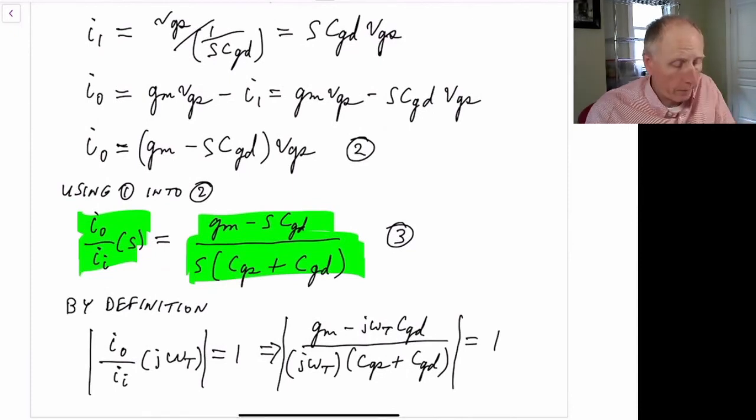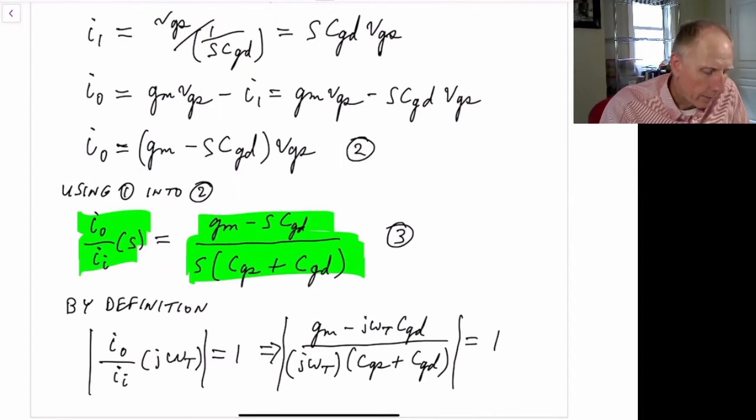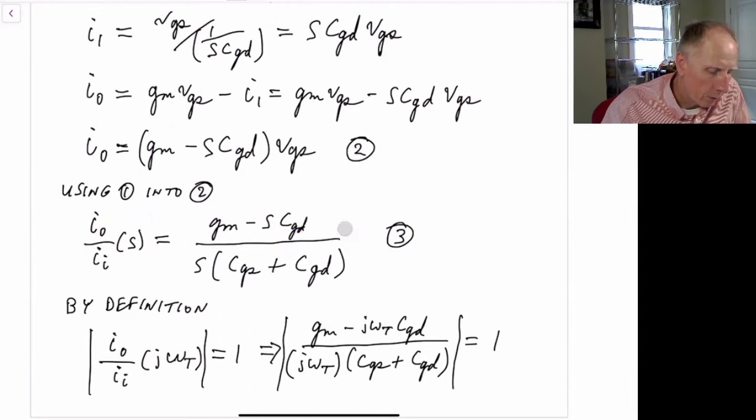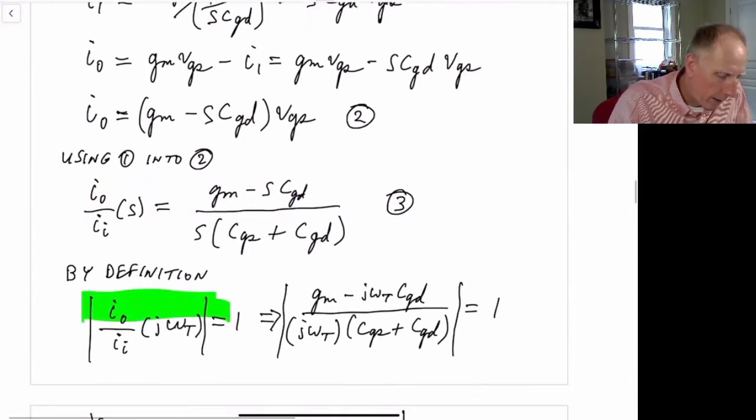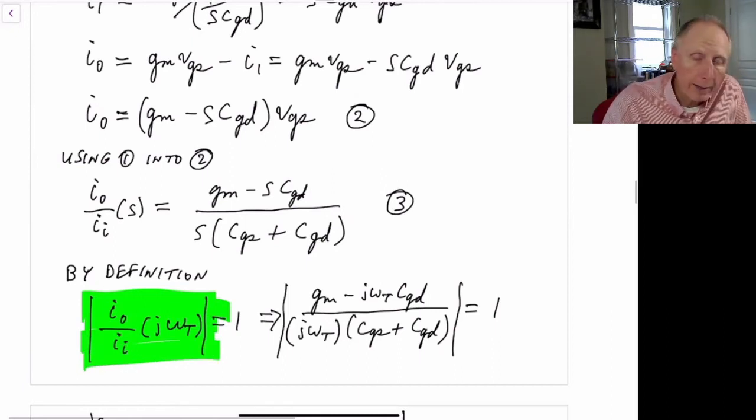Now, this is going to be a function of frequency, and what we need to find is when this function goes to 1, that frequency is equal to omega sub t. So in other words, by definition, I sub out over I sub I at j omega capital T should be equal to 1.